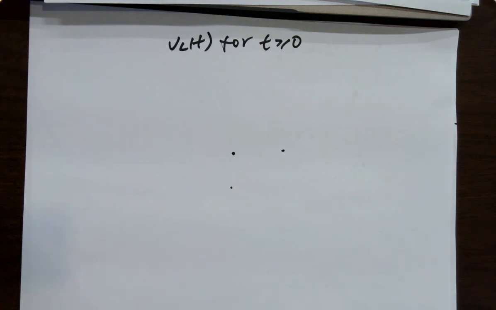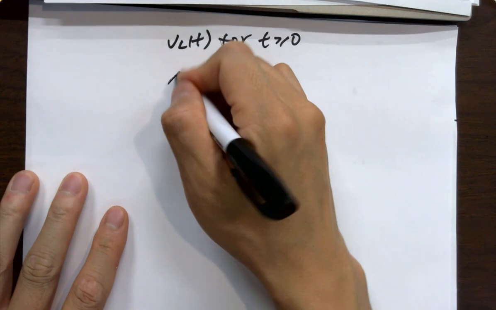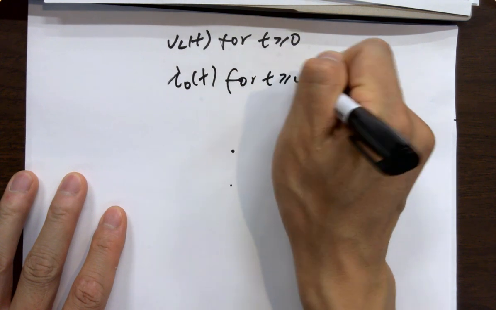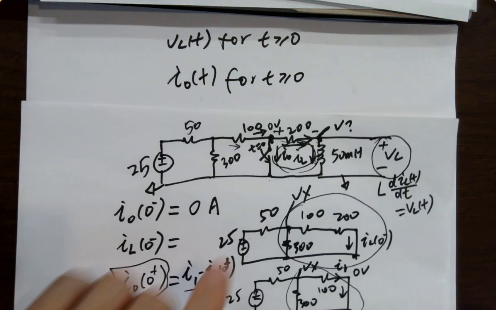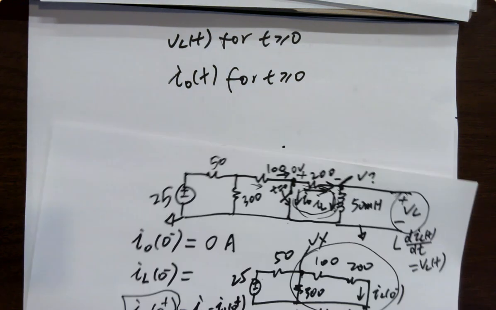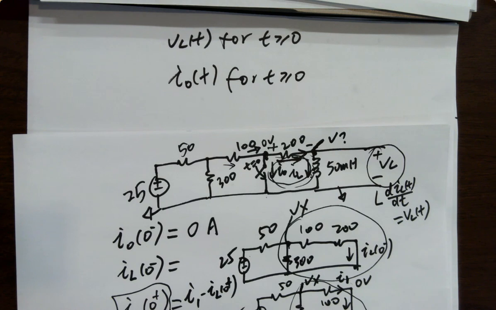Tired? That's why this is a good problem, right? Makes you sleepy. That's how a good problem looks. The very last question in this problem, I'll let you guys go. So what about I0t for t larger than 0? Close it. I0t for t larger than 0. Oh yeah.